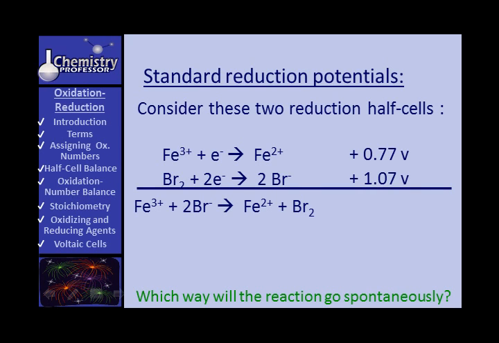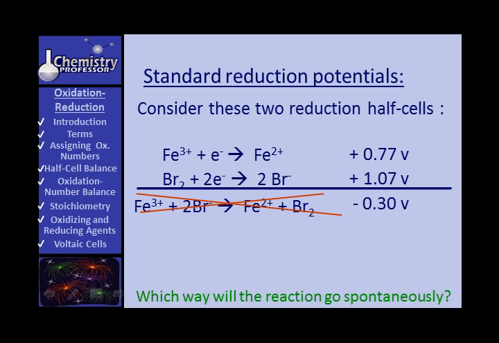Well, let's look. Is this the way it will go spontaneously? Well, if we take the ferric ion plus electrons giving us the ferrous ion, and the bromide ion giving us bromine and 2 electrons, then our net voltage is negative. Do you see that? We had to change the sign on the bromine half cell because we wrote it in the other direction.